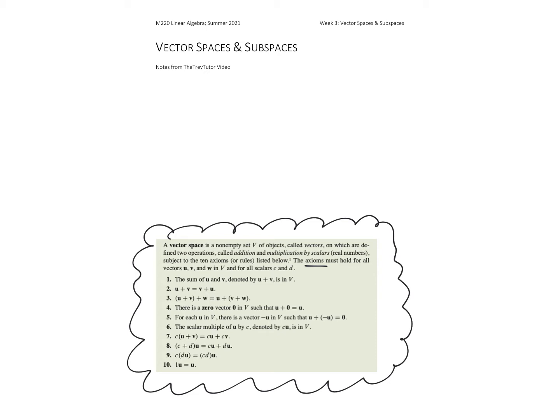Just go with it. As long as all 10 of these things hold true, basically what this is saying is that our set needs to be closed under addition and scalar multiplication.